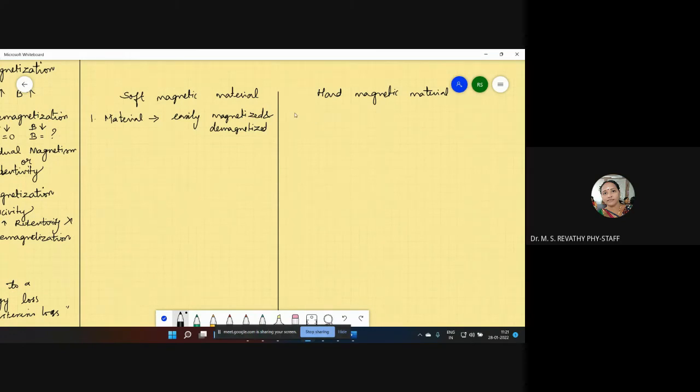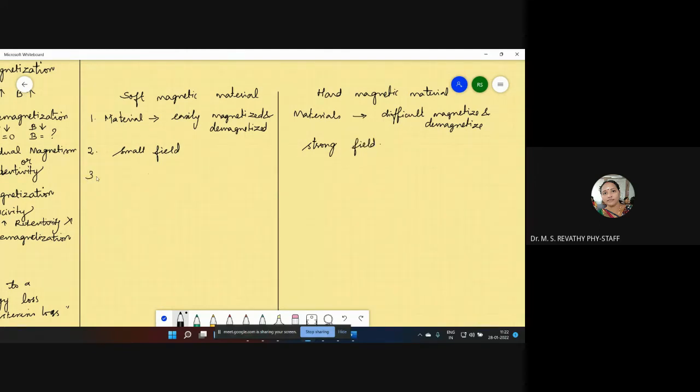The materials are difficult to magnetize as well as demagnetize. For soft magnetic material, a minimum or small, weak field is enough, whereas hard magnetic material requires a strong field to magnetize and demagnetize the specimen.